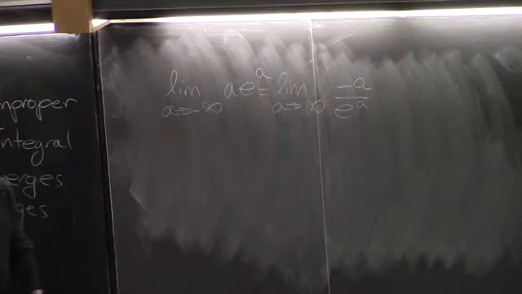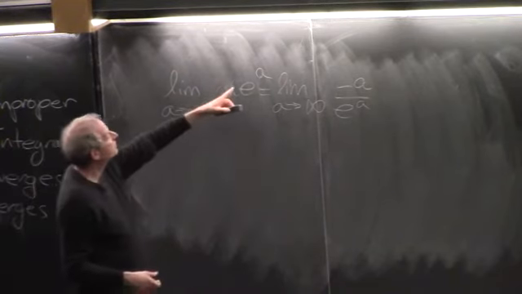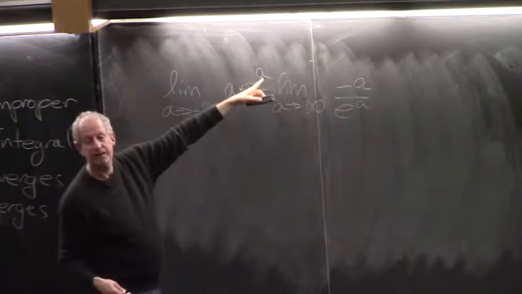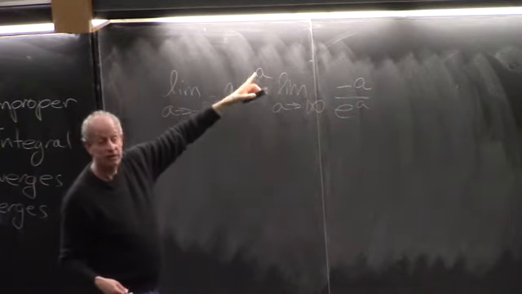That makes sense? Because at minus infinity, that's minus 1 over infinity. So you can do it this way.